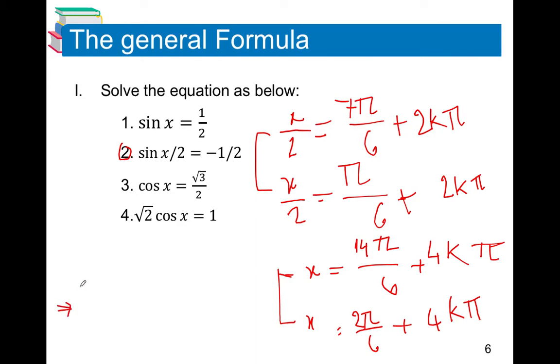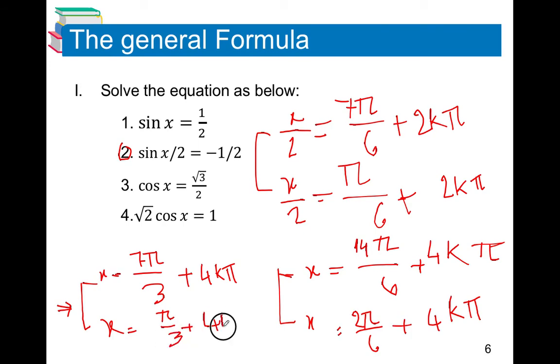We can write h equals 7 pi over 3 plus 4k pi, and this one we can write h equals pi over 3 plus 4k pi, okay, and k is an integer.